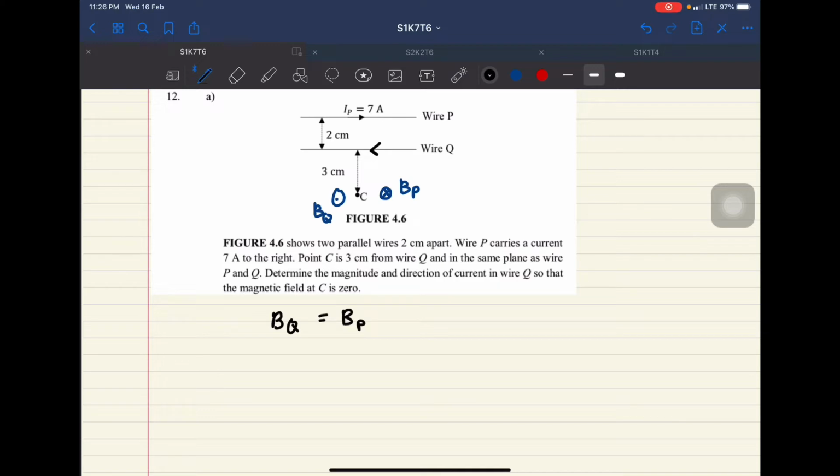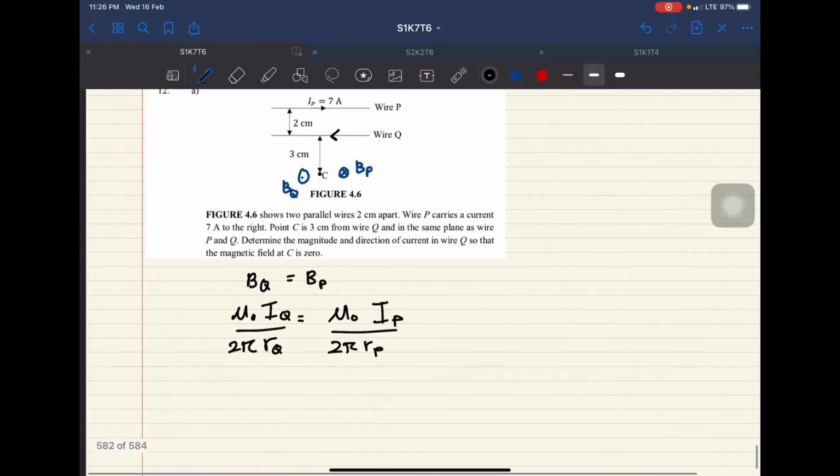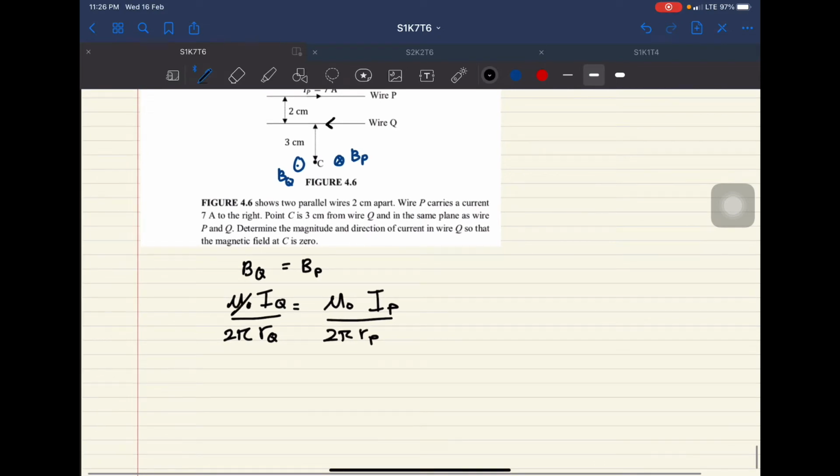For a long straight wire, the equation is mu naught I over 2 pi r. So it will be mu naught I_Q over 2 pi r_Q equals mu naught I_P over 2 pi r_P. You can cancel out mu naught first and then 2 pi.